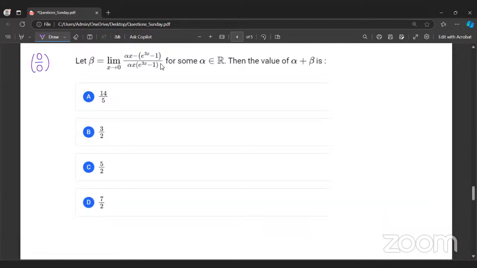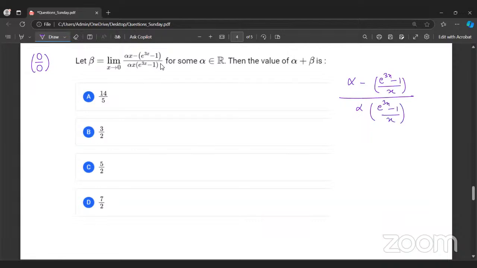So you can solve it through many methods. Either you can take the derivative, or you can divide your numerator and your denominator by x. When you do that, you get alpha minus e raised to 3x minus 1 whole divided by x, divided by alpha into e raised to 3x minus 1 whole divided by x.